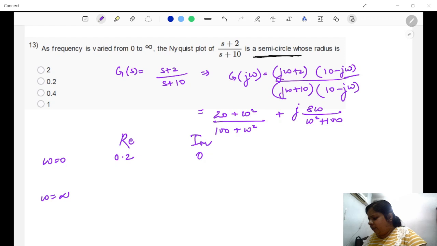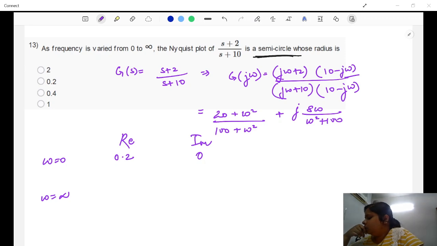For omega is equal to infinity, what will you get? How will you find out?